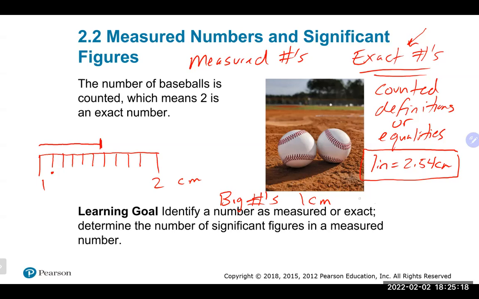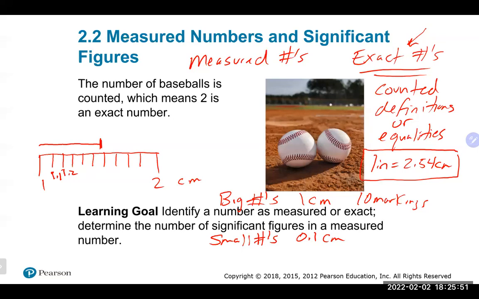So there are 10 markings, which means each of the smaller numbers represent how much in this example. Each of the smaller numbers in this case represents not 1 centimeter, but 0.1 centimeter. That would make this guy right here 1.1, the guy next to it 1.2, and so forth, all the way till you get to 2, right?